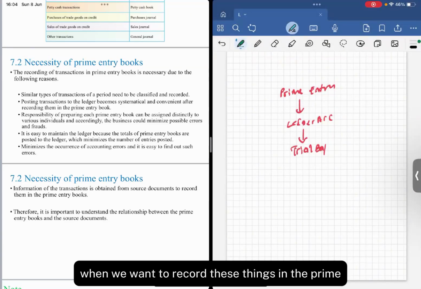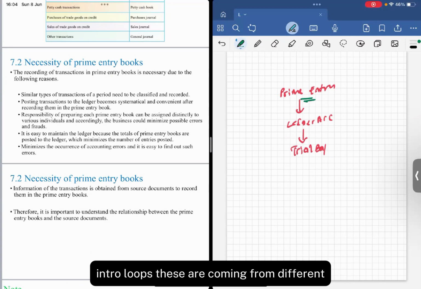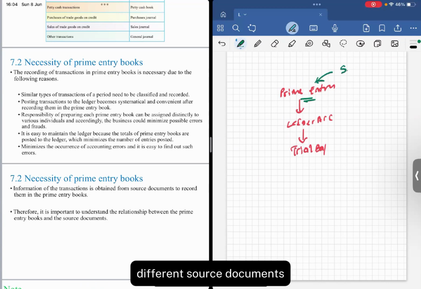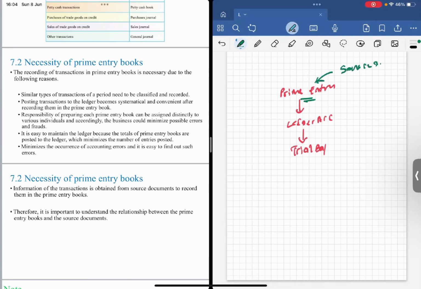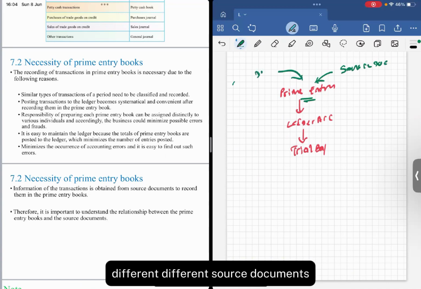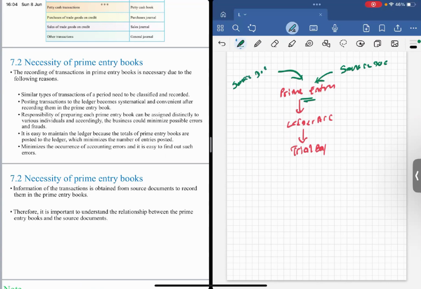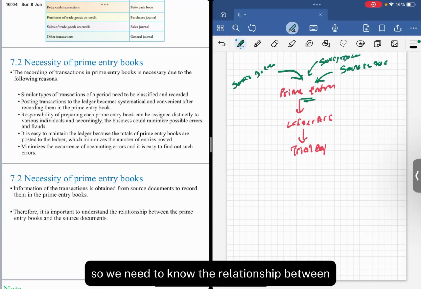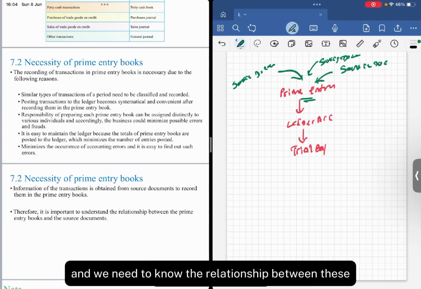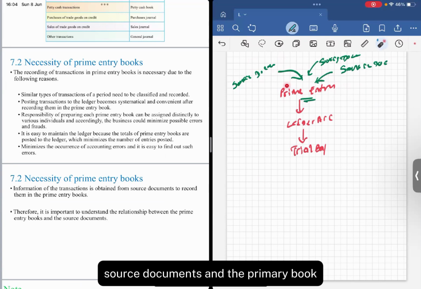But the important thing is, when we want to record these things in the prime entry books, these are coming from different source documents. So we need to know the relationship between these source documents and the prime entry book.